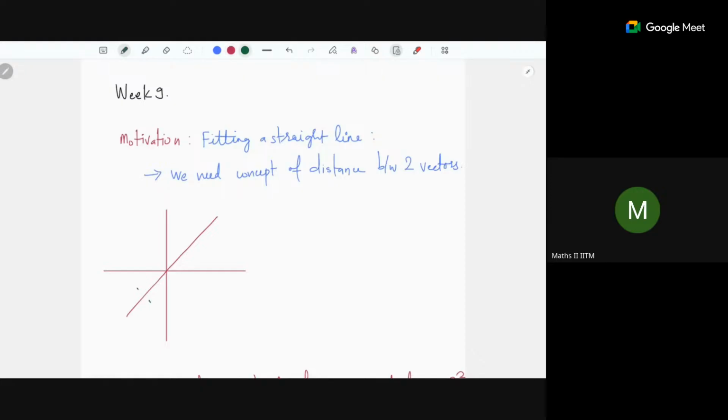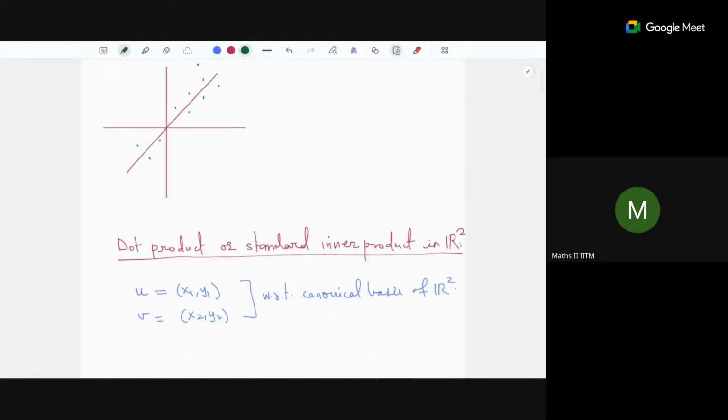So you want to find the minimum distance between the points and the straight line, so as to fit the data. For that, you need the notion of distance between two vectors. So today we are going to study that.